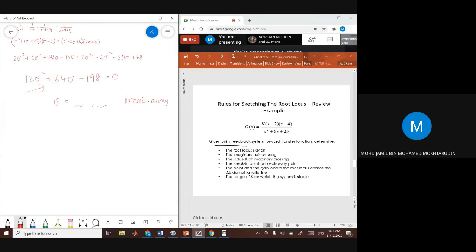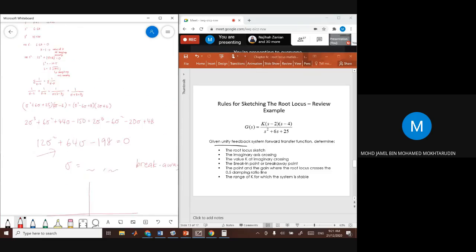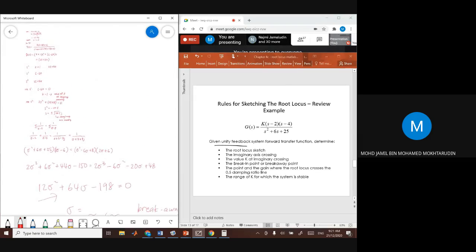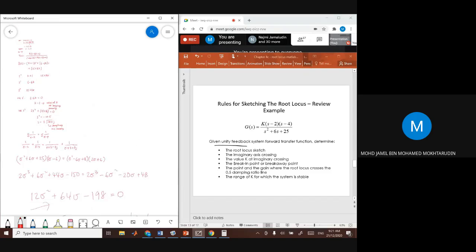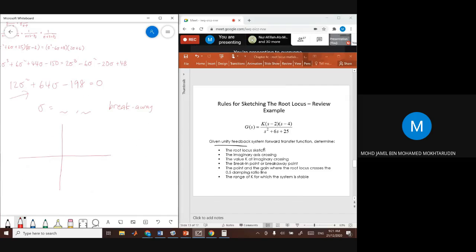Okay, so how to determine which point? So you can sketch first.